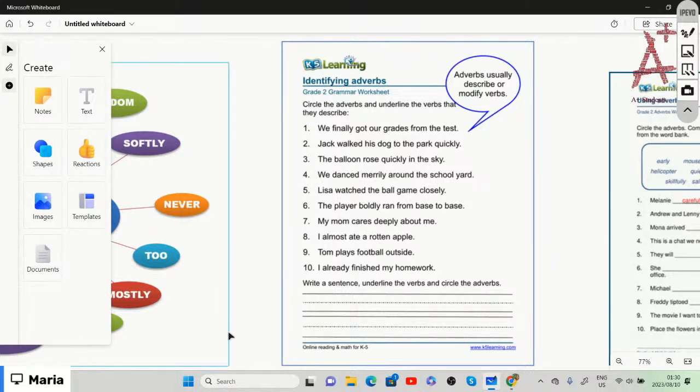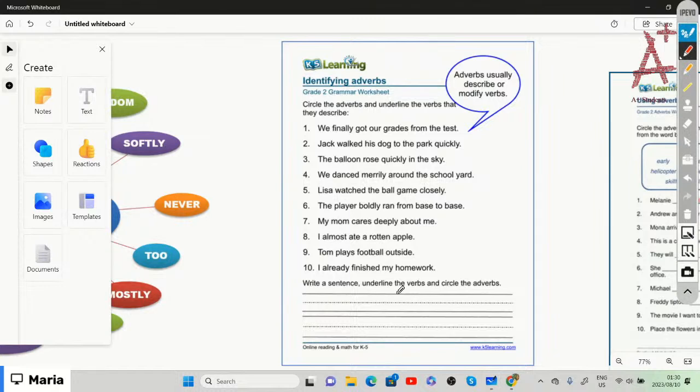So we need to circle the adverbs and underline the verb. If we first identify the verb within the sentence, we finally got our grades from the test. So got is our verb.